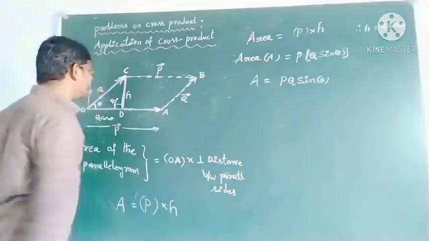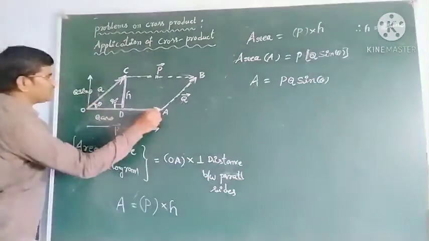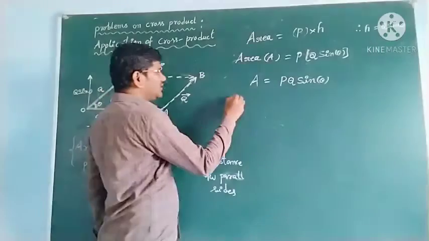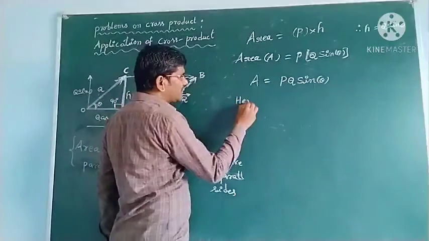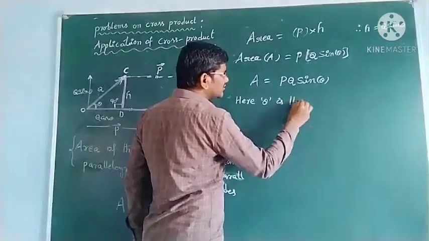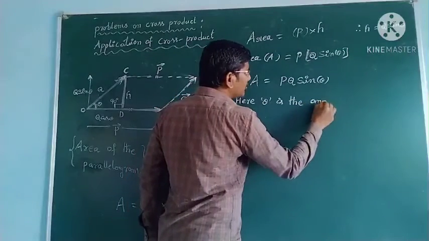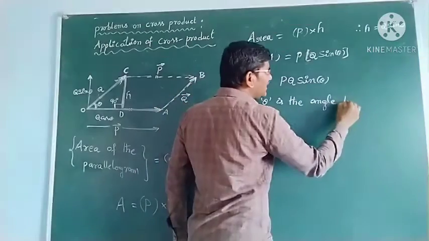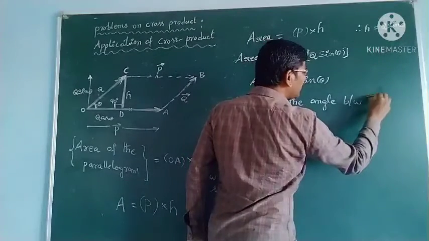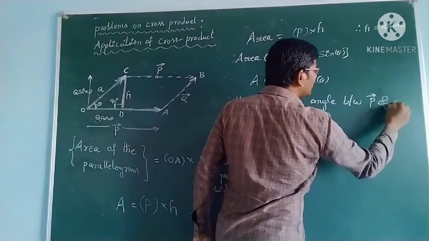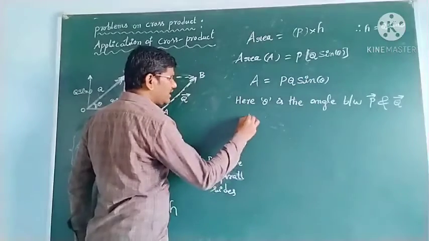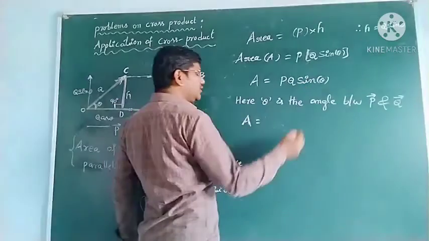And what is theta here students? Theta is the angle between the first vector p bar and the second vector q bar. That's why area A is equal to p q sin theta.